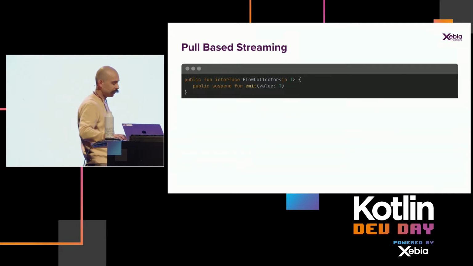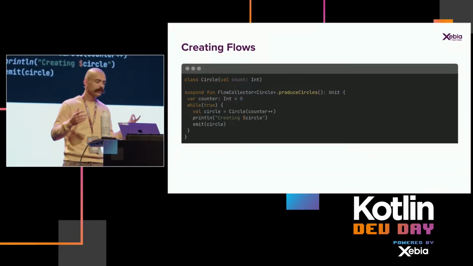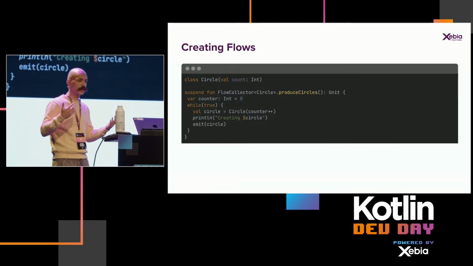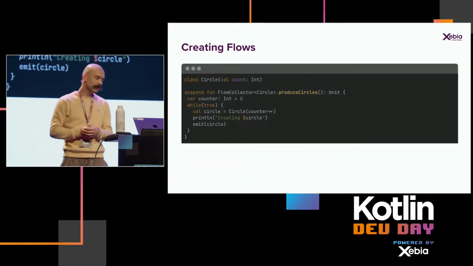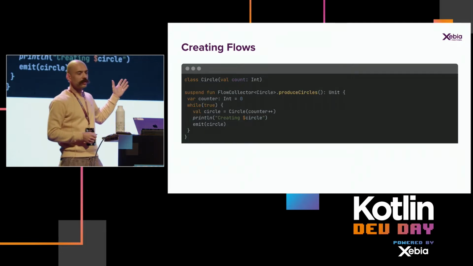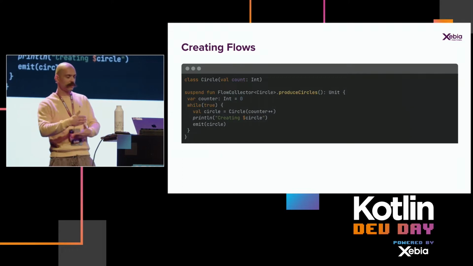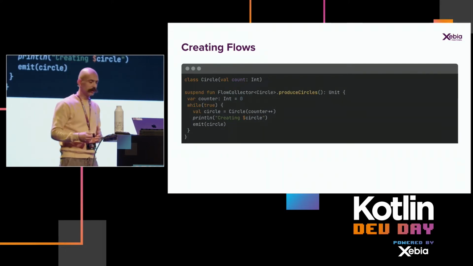So what does this look like in practice? So imagine we have a class that represents our circle, and the circle keeps count of how many elements are going downstream. And we have a function, produceCircles, that is emitting or sending elements or circles downstream in the flow.